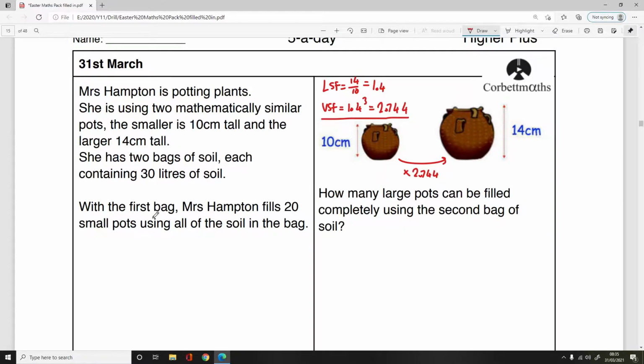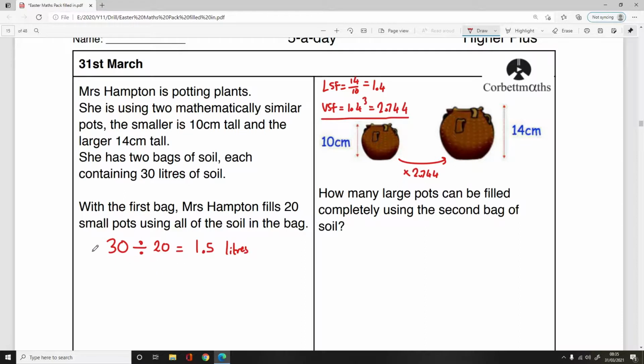We've got, with the first bag, we fill 20 small pots. Now each bag contains 30 litres, so if we divide that by 20 pots, we get that a small pot is 1.5 litres. And litres, just like millilitres in the previous example, is a volume.